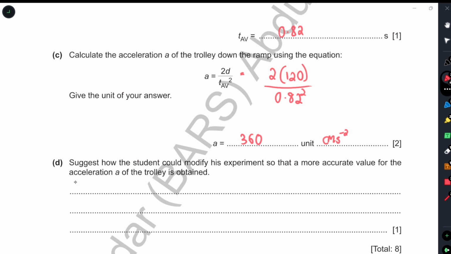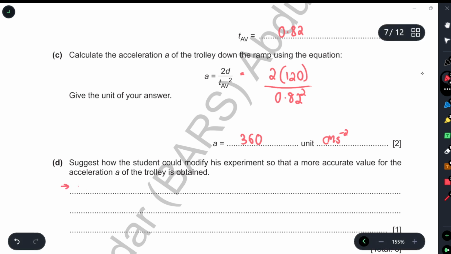So we can say let's use a black one, get help from another student. ठीक है जी, get help from another student.